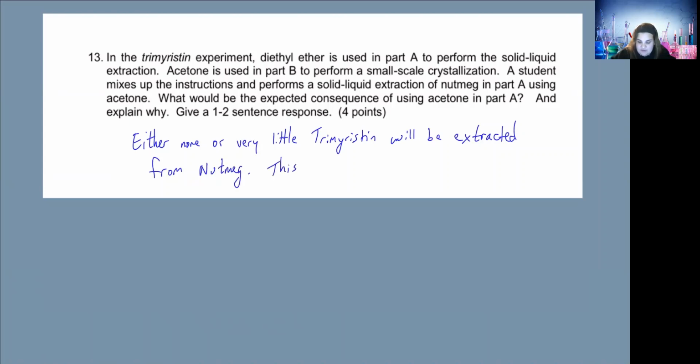And this is because the acetone is used for the crystallization. So what does that play into? If acetone is used for the crystallization, that means the trimyristin is poorly soluble in acetone at room temp.